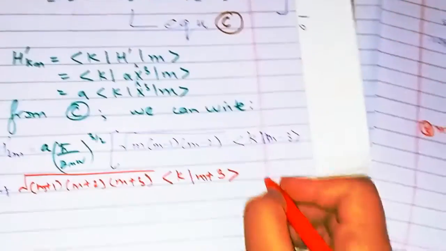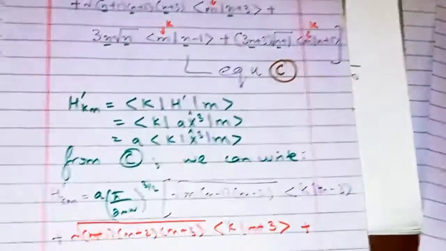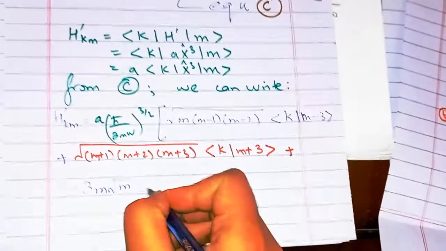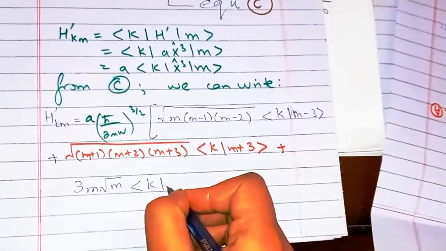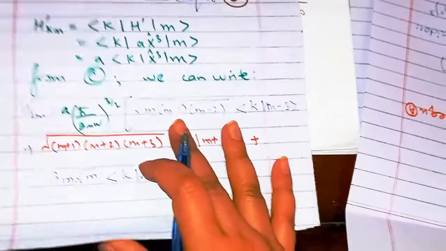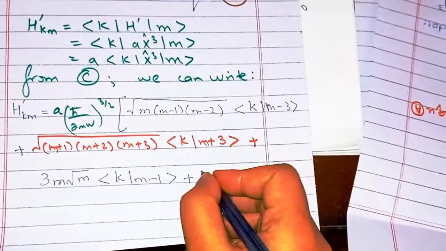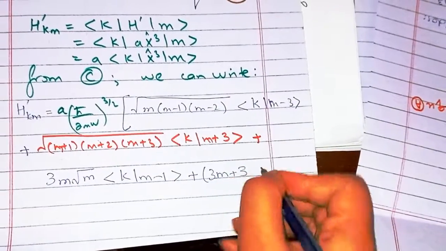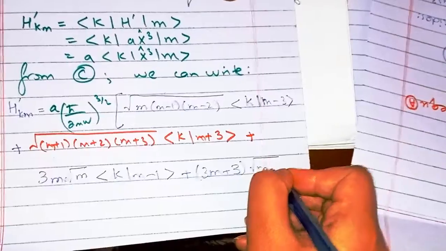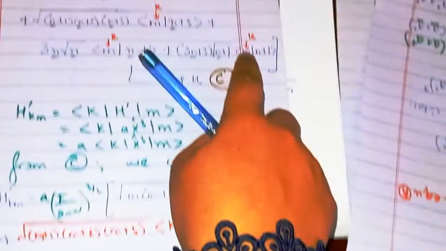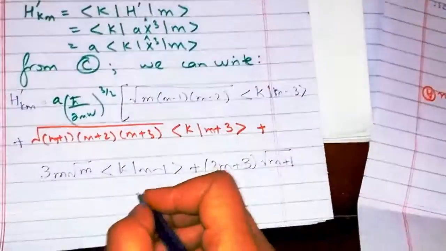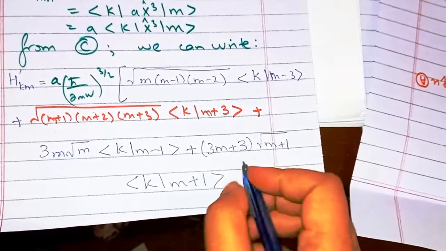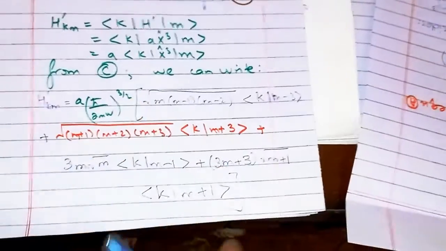All right, now the third term, which is this 3m under root m, ket k m minus 1, plus the last term, which is 3m plus 3 under root m plus 1, the bra, which is this k, m plus 1, and that is how the bracket closes.